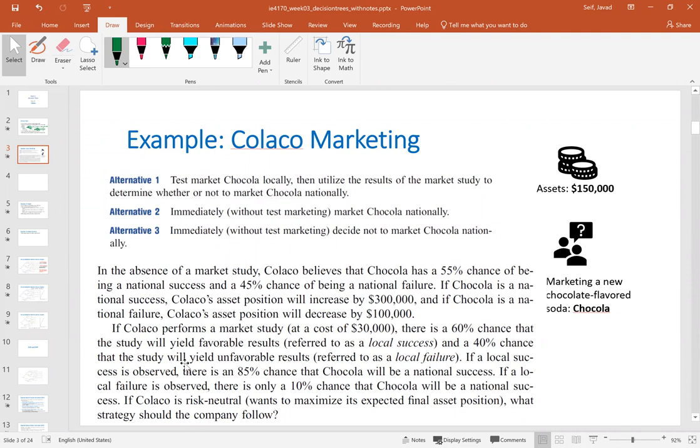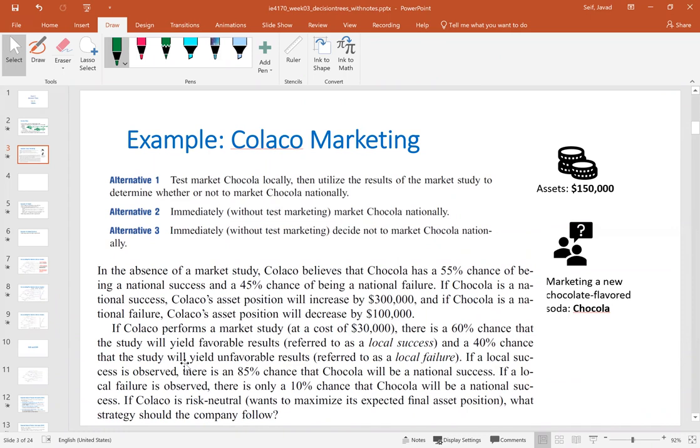So this company tries to launch a new product that's a chocolate flavored soda, and they call it Chocola. It's a funny name. They're trying to market this product, and there is some information given to us. For example, they can do a test marketing here in LA to see if it's successful or if it's a failure, this new product.